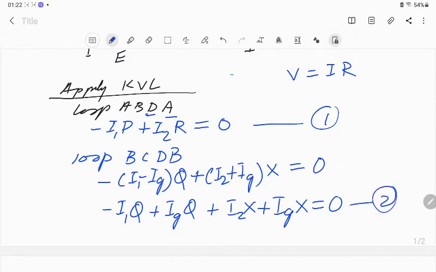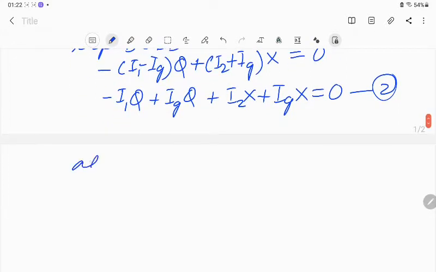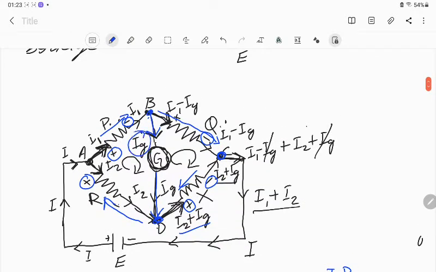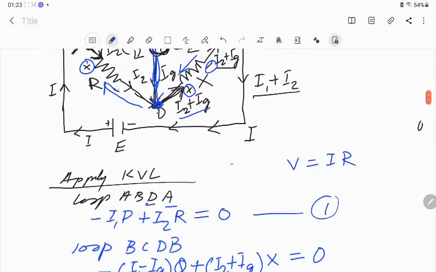Okay, now at null point or at balance point, what will happen? Here this Ig will be 0 because at balance point in this branch no current will flow, so this Ig is 0.